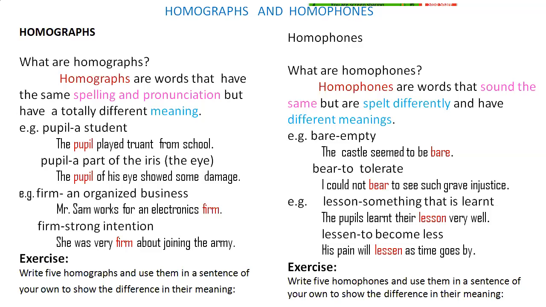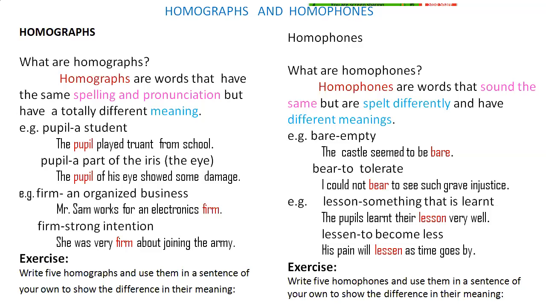In the second example, the word is again pupil, spelled and pronounced in a similar manner. But the meaning is completely different. In this case, it would mean a part of the iris of the eye. For example, the pupil of his eye showed some damage. So you see, it's one word which is spelled the same, pronounced in a similar manner, but it has totally different meanings.